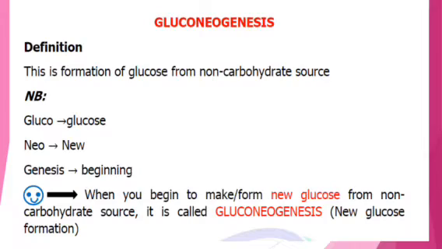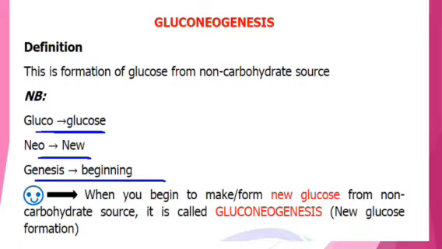Alright, just like I said earlier, gluconeogenesis is the formation of glucose from non-carbohydrate sources. When you look at this, gluco simply means glucose, then neo means new, and genesis means beginning.